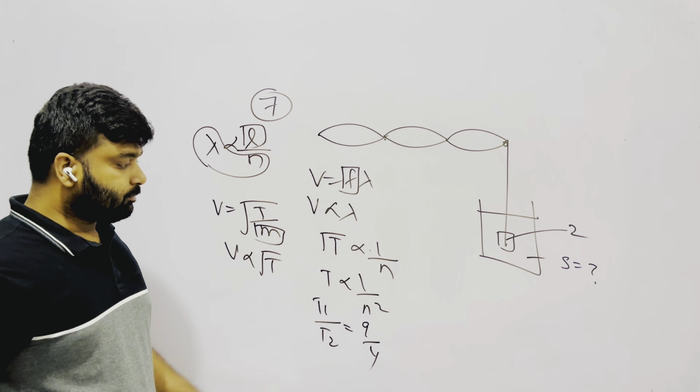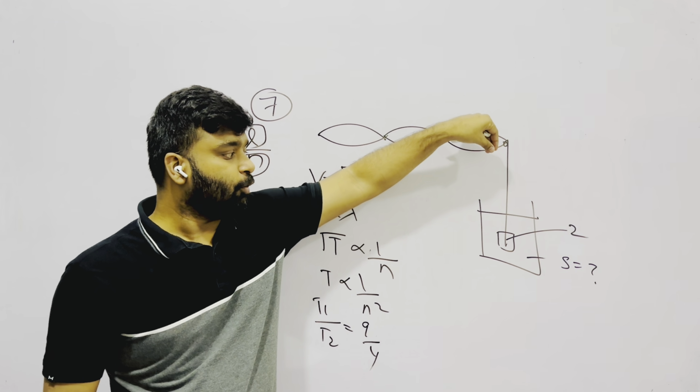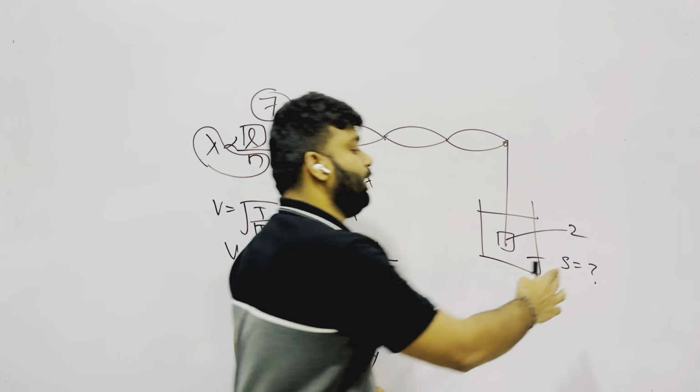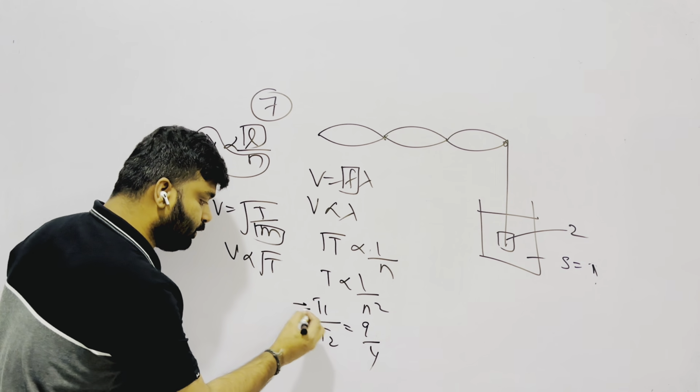Now, initially an object of relative density 2 is immersed in water of relative density 1. Therefore, the net relative density is equal to 1.